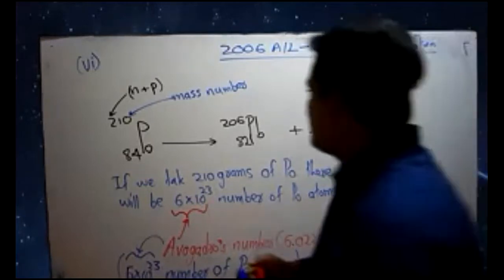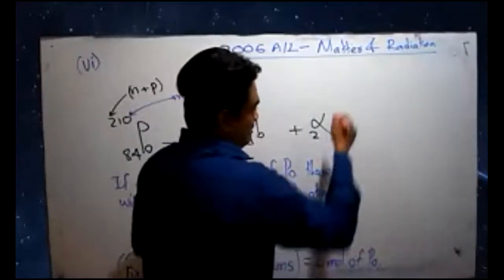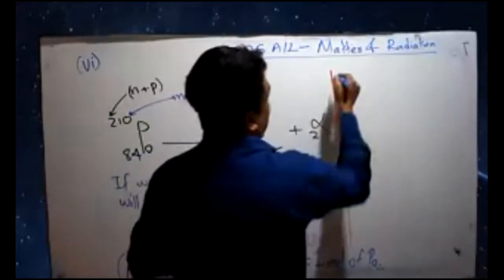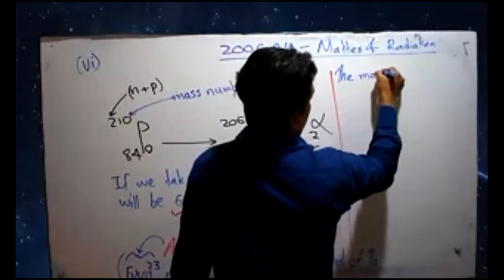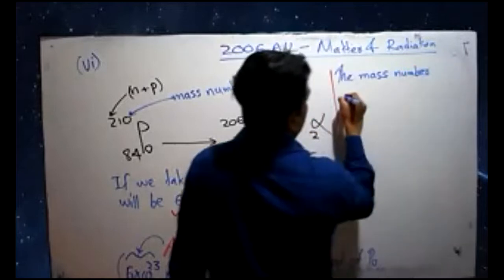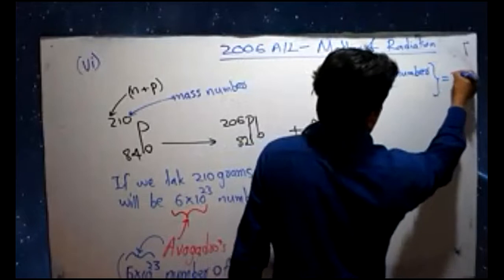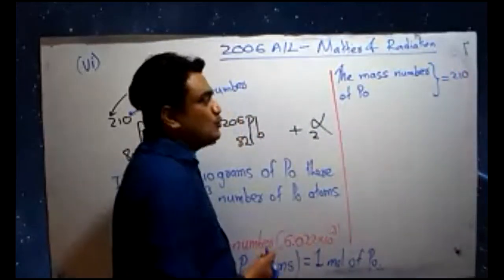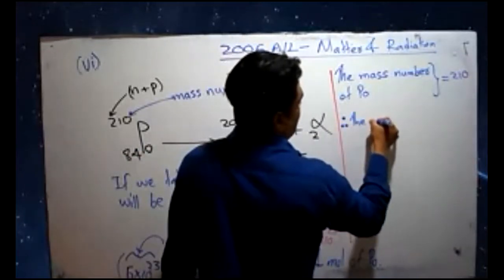Right, so let's write a few statements that will help you to understand. Look at the board. The mass number of polonium is 210.